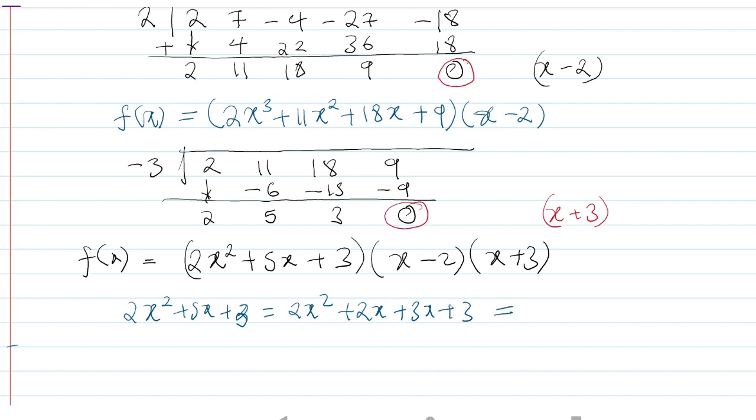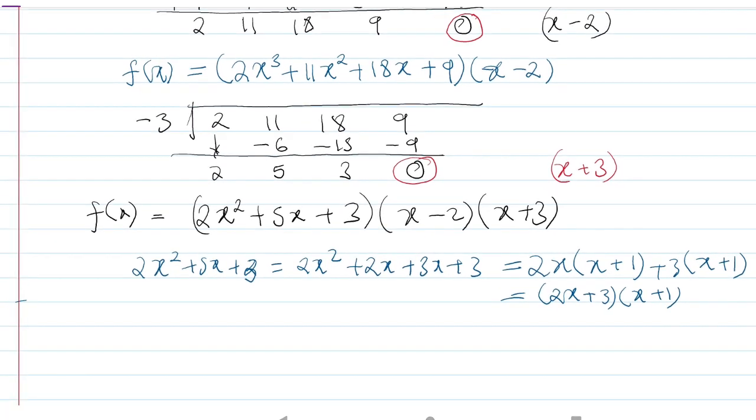Okay, so 2x is common here, I remain with x plus 1. Then I can factor out 3 here and remain with x plus 1. So this factorizes to 2x plus 3 and x plus 1.